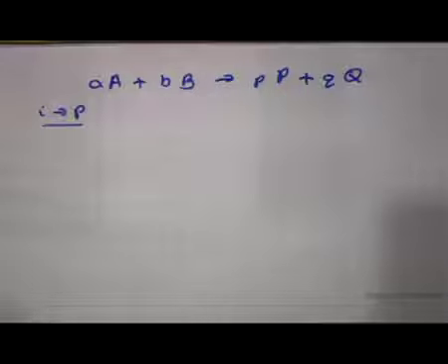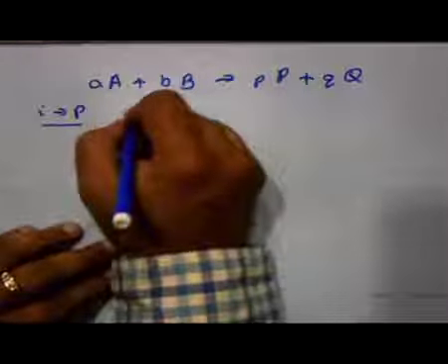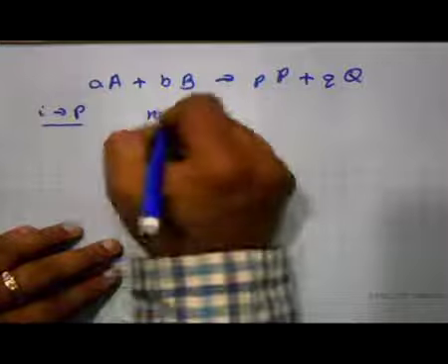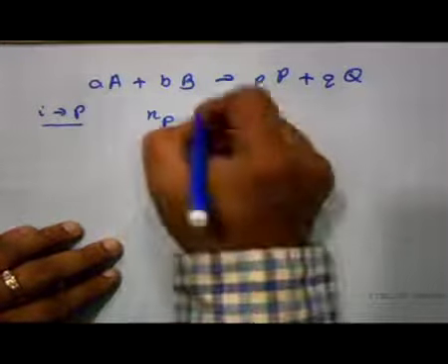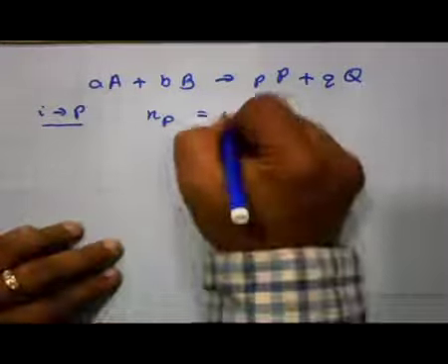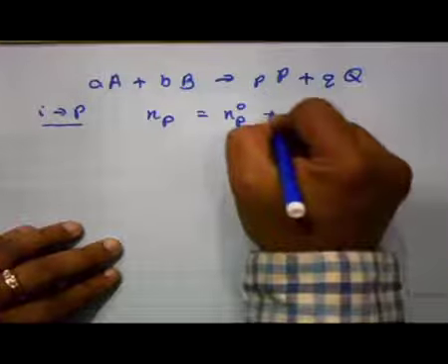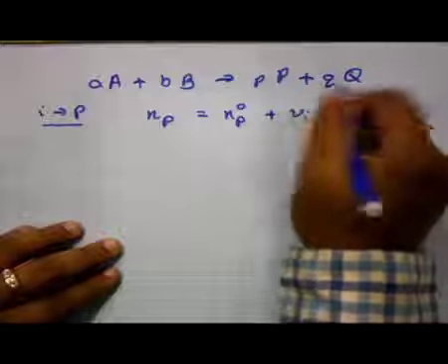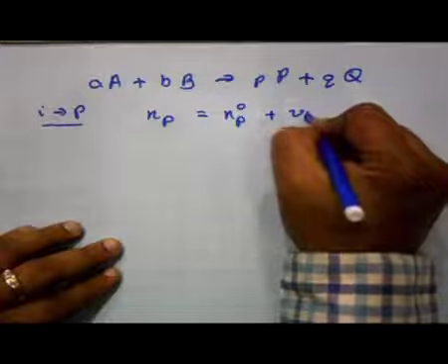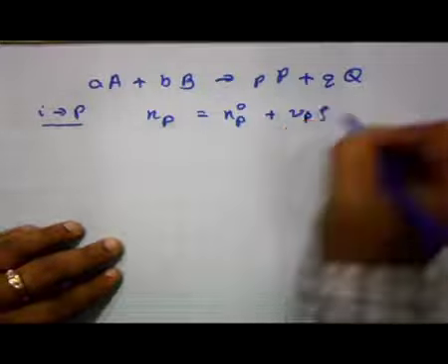So, that means now I represents the product P. If I represent the product P, then I can write N P is equal to N P 0 plus nu I or nu P, I would write nu P then xi.